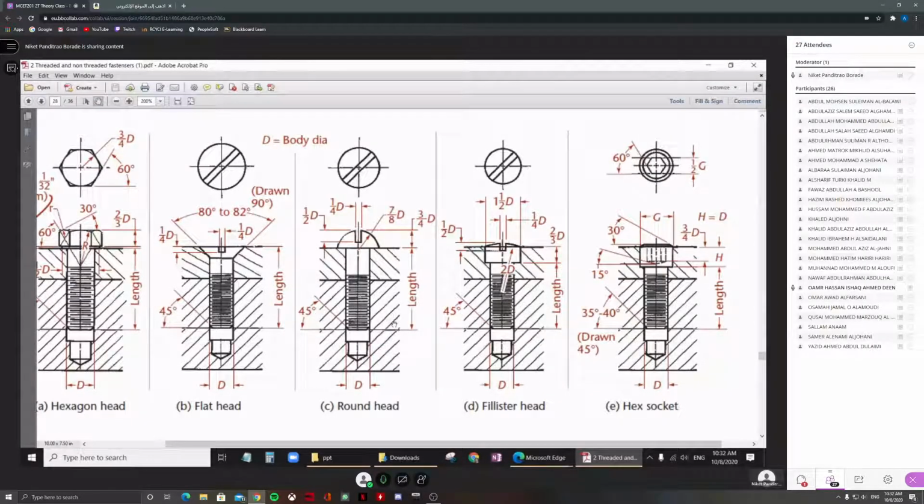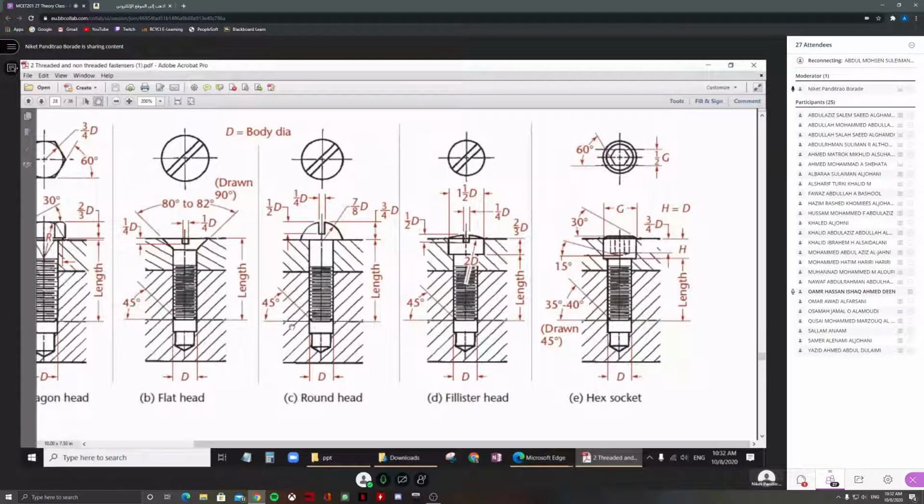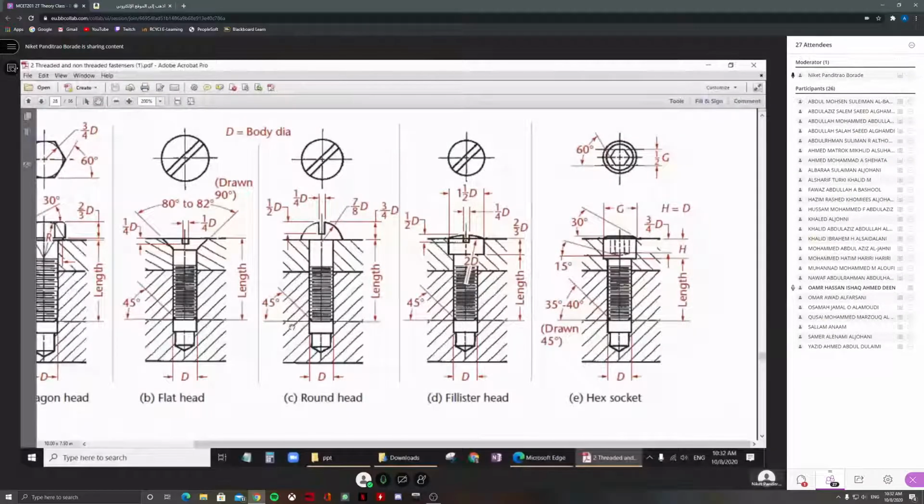Unfortunately, ISO handbooks are difficult to access. They are very expensive because they are for commercial purpose. So I cannot even find some samples, but these are the drawings, and then we have certain tables also for that.